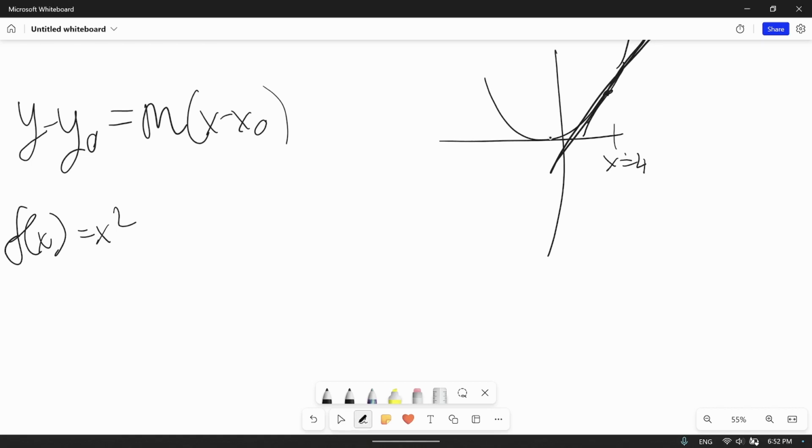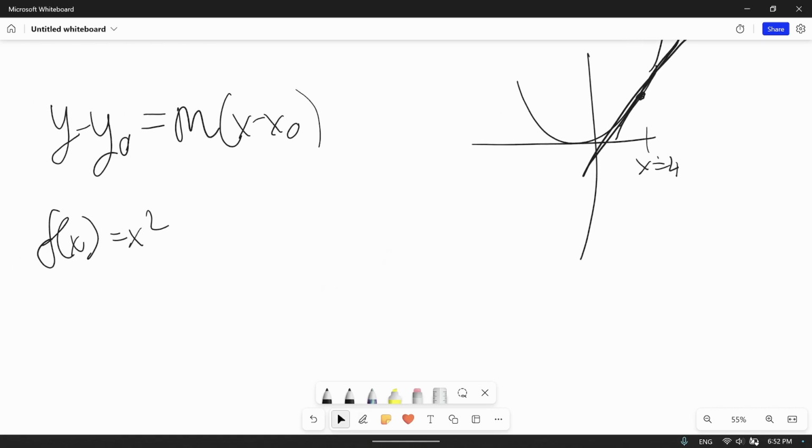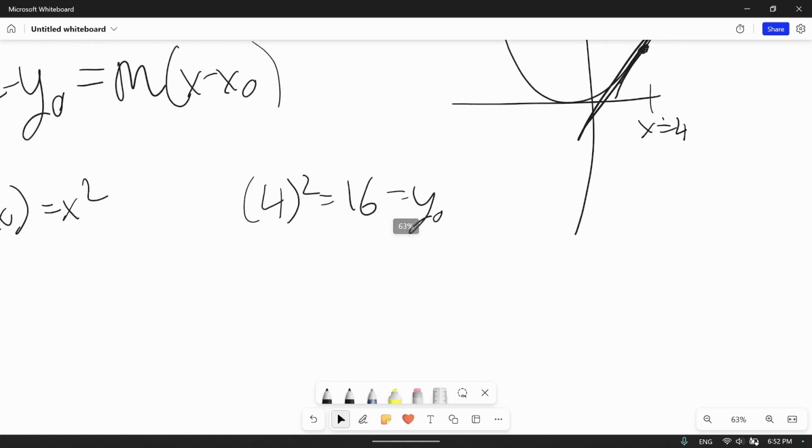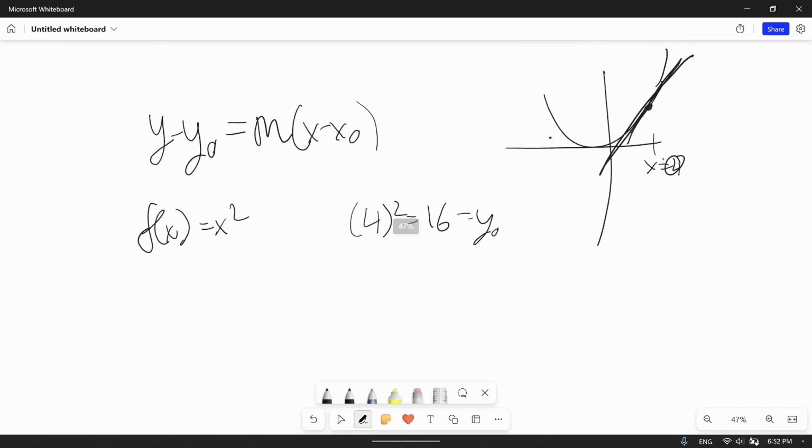Actually, first let's find the y value at this point. We know that 4 squared is equal to 16, so this is our y naught. And our x naught is obviously 4. Now we want to find the slope at x equals 4.